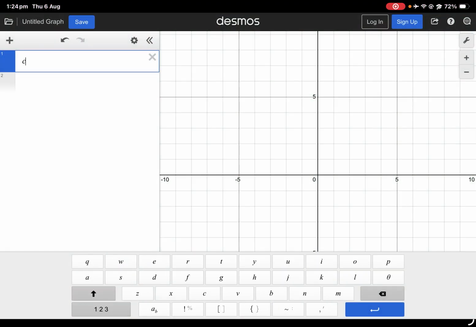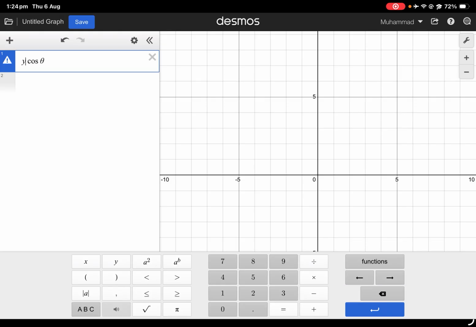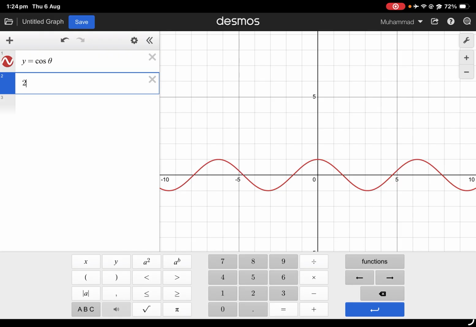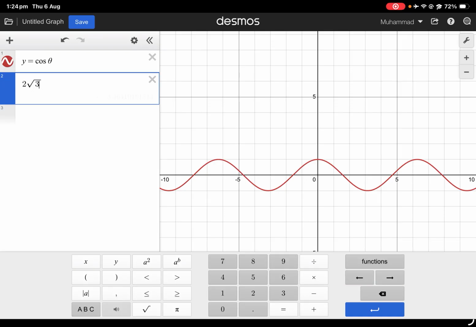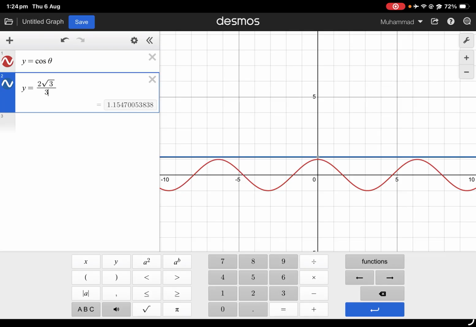So cos of, let's say, theta, y obviously equals cos theta, and then we have y equals 2 root 3 upon 3.